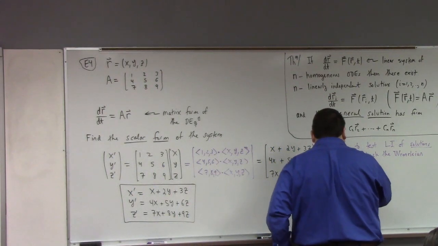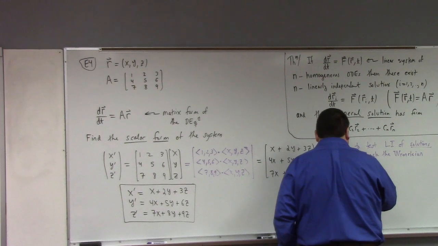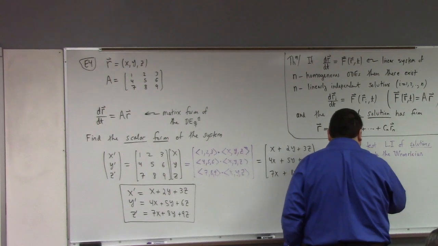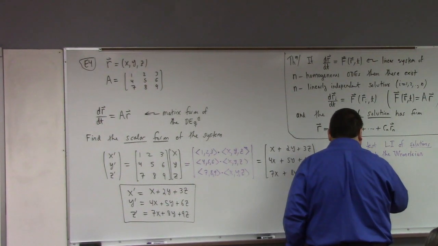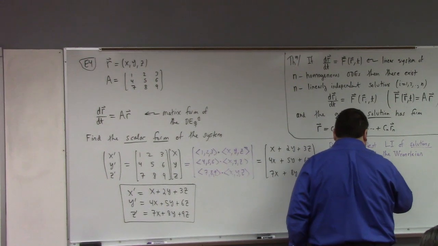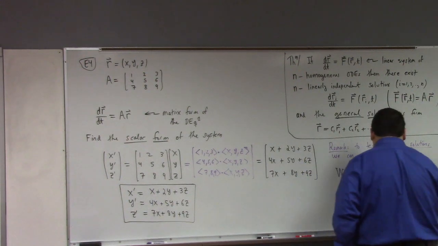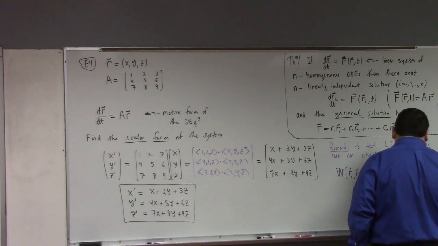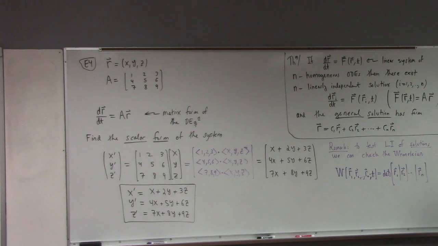W of R1, R2, through Rn at time t is equal to the determinant of R1, R2, through Rn. So to check the linear independence of n solutions, you take the solutions, glue them into an n by n matrix, and calculate the determinant.